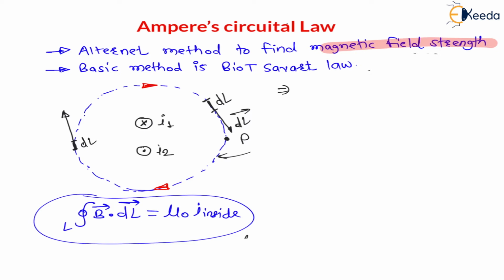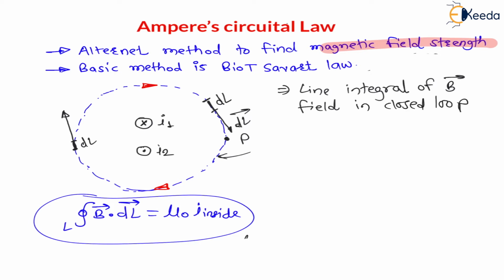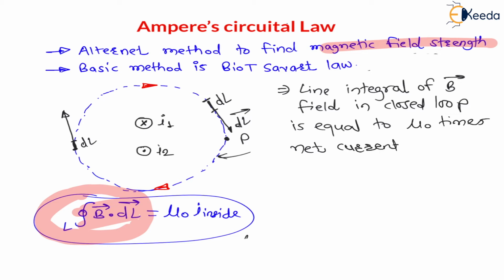Now my dear students, let us understand with the statement. Ampere's Circuital Law says the line integral of a B field or magnetic field, B dot dl, for a closed loop, this is important, it is a closed loop symbol, in a closed loop is equal to mu naught times the net current flowing inside the loop.